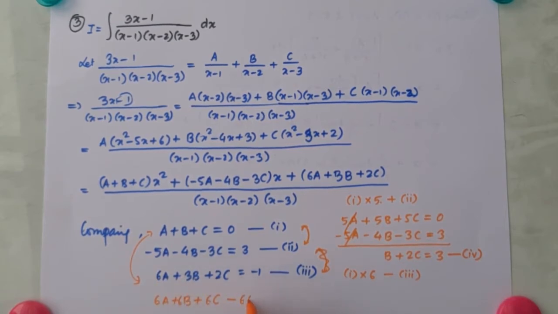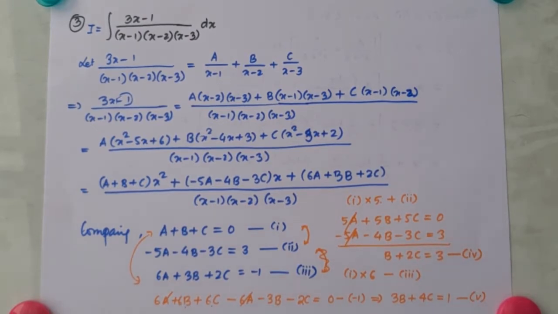So this becomes -6a - 3b - 2c, and on the right hand side we have 0 minus of minus 1. See, 6 into 0 is 0, minus we have minus 1. So 6a and 6a get cancelled. 6b - 3b is 3b, 6c - 2c is 4c equals 1, isn't it? So let me call this equation number 5.